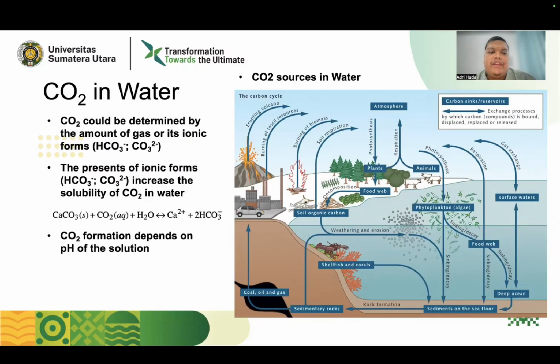The presence of ionic forms, for example the bicarbonate or carbonate ions, increases the solubility of carbon dioxide in water. It means that if there are carbonate or bicarbonate ions in the water system, for example in seawater, those ions can interact with more carbon dioxide to get absorbed in the seawater, leaving lower or higher carbon dioxide in the seawater.